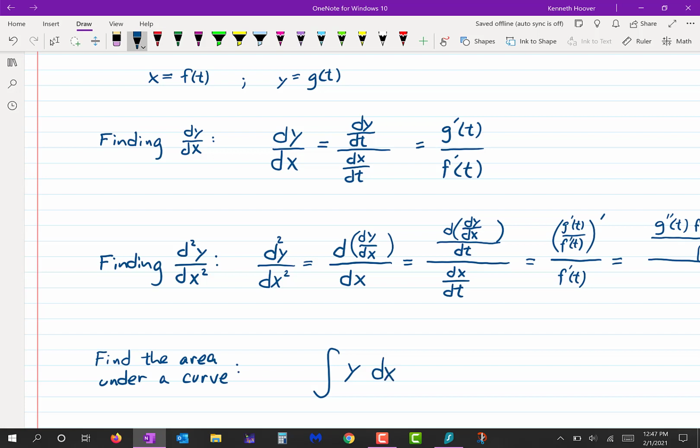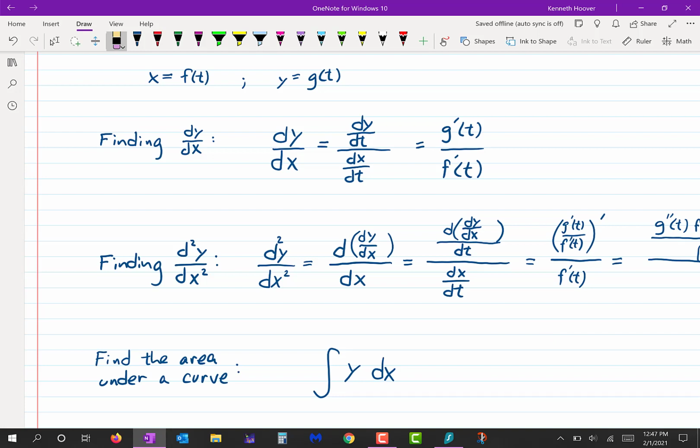Remember, if you had something like y equals capital F of x, then the area under the curve would have just been the integral of capital F with respect to x, right? Remember that? Okay, so whatever y equals, you integrate that with respect to x in order to find the area under the curve.